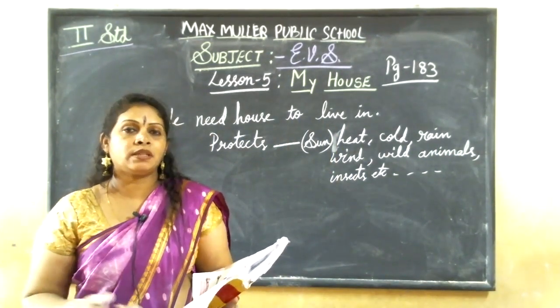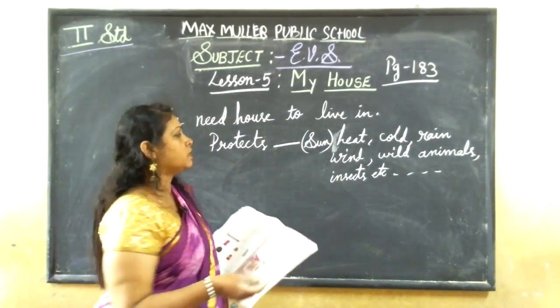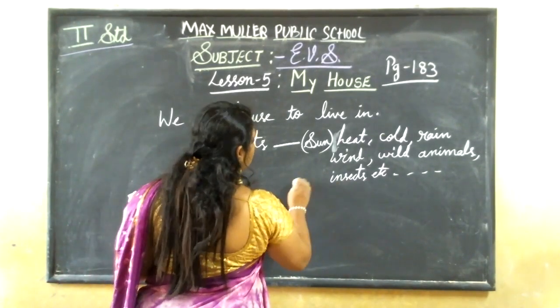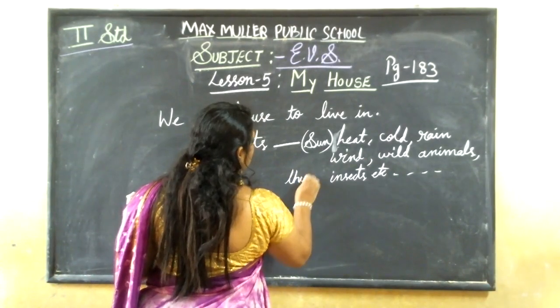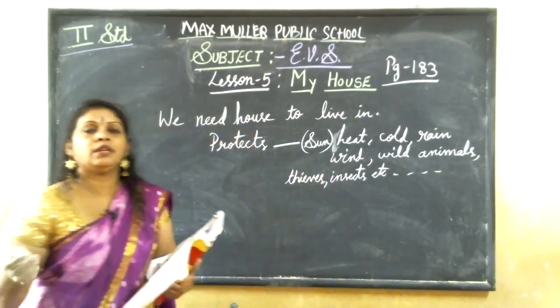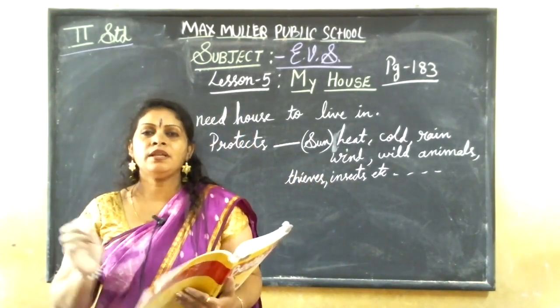Why do we have to be inside the house? Because it protects us from heat, cold, rain, wind, wild animals and thieves, insects, etc. So many things. If you are in your house, you will be safe.